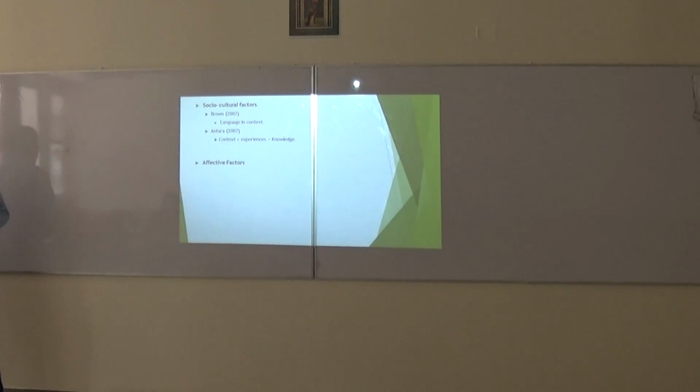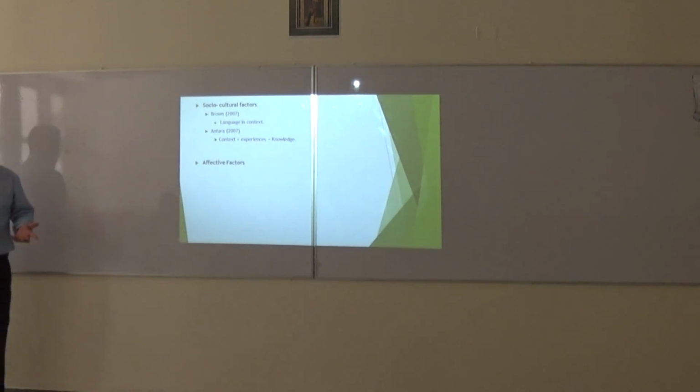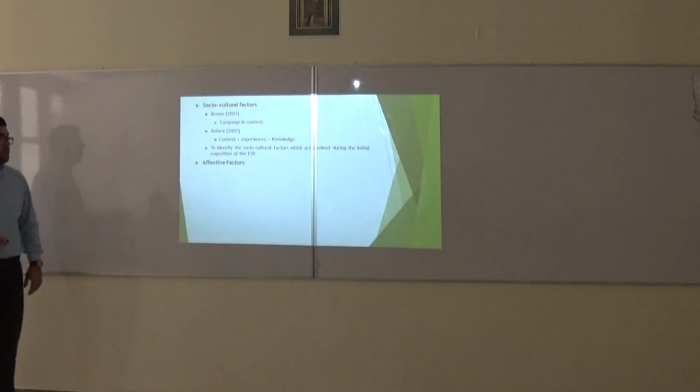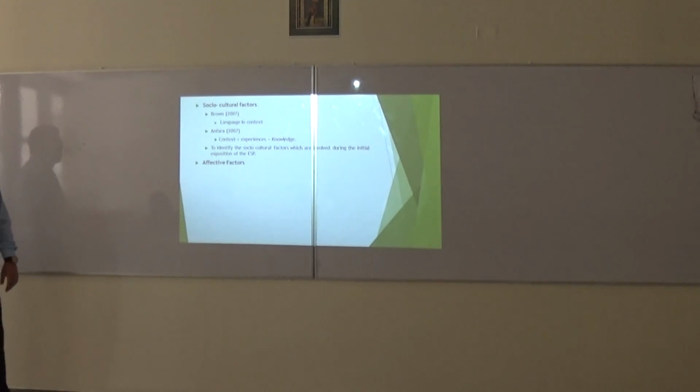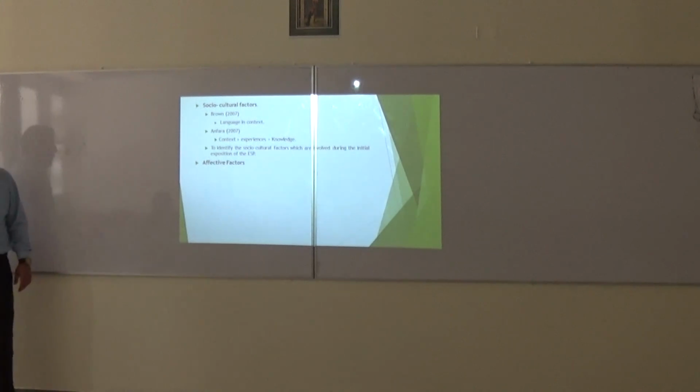Brown explained that in order to learn a second language, it is necessary to bear in mind the context of the students, but also Alfaro explained that in order to achieve and develop knowledge, it's necessary to have the content of students, but also their previous experience. These are presented in this objective. This is to identify the social-cultural factors which are involved during the initial exposition of ESP.